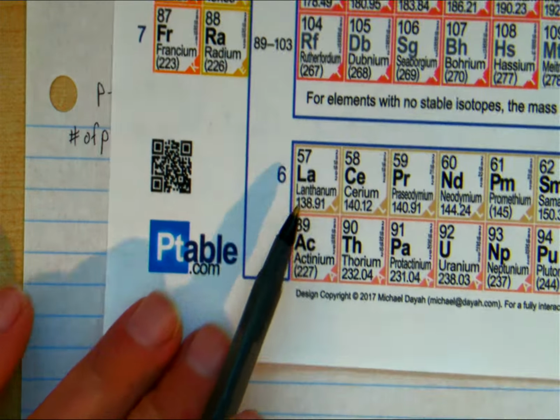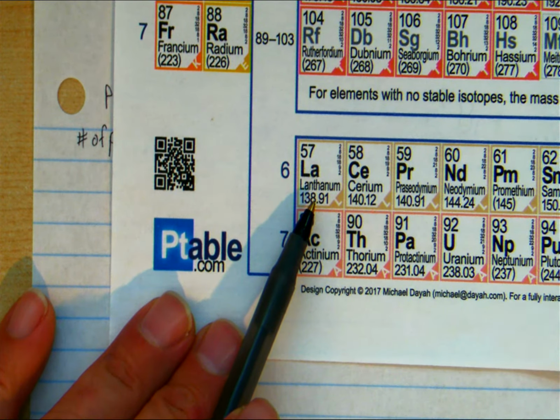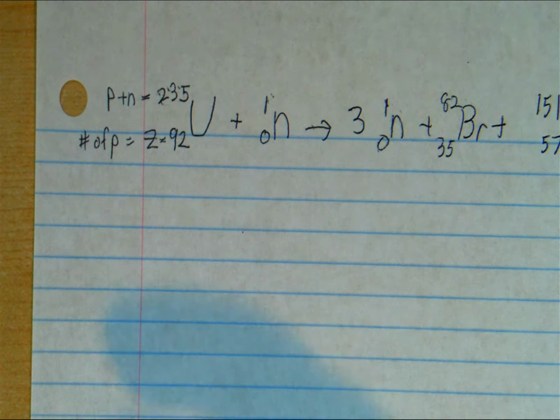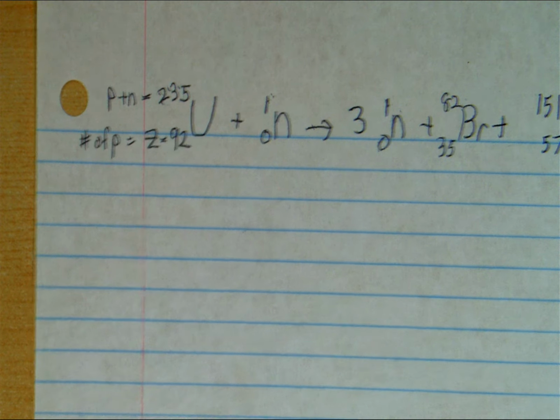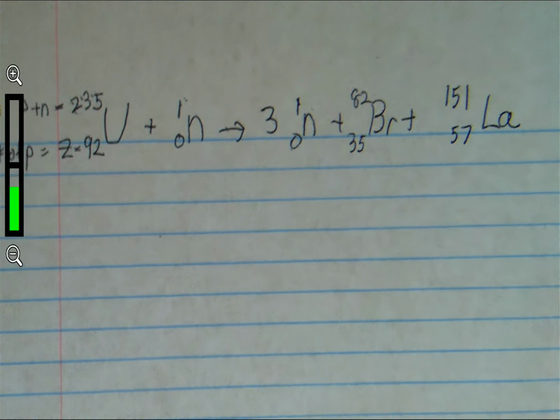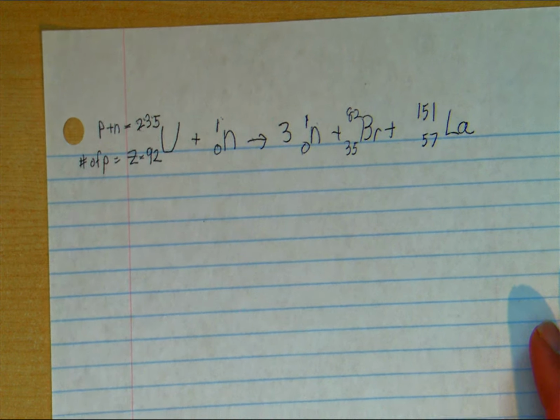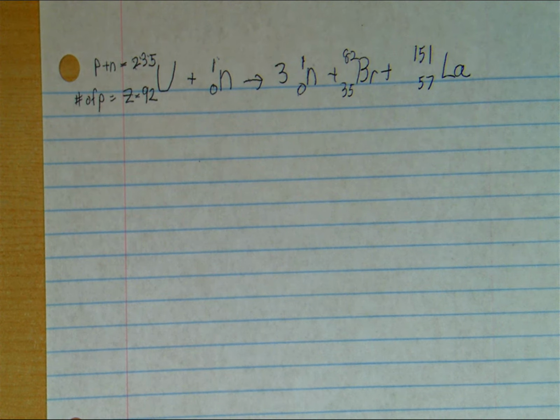Then I go to the periodic table and I ask myself, what is atomic number 57? And the answer is lanthanum. So I'm going to put the symbol for lanthanum and say, there you go. If that's the only missing product in this nuclear reaction, then I've identified what it is.